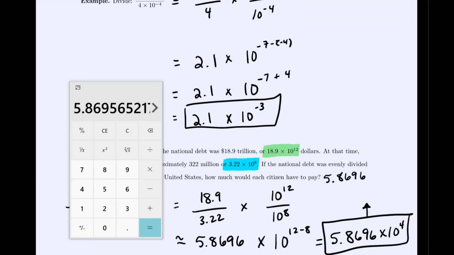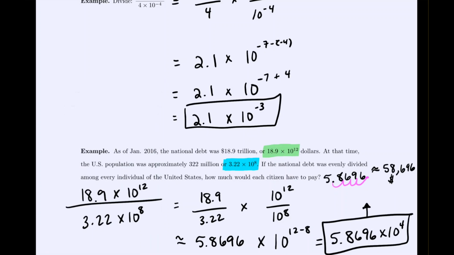But we're moving 4 decimal places to the right, so 1, 2, 3, 4. So that would be the national debt per individual, if we spread it around based on this previous population, would be about $58,696 per individual to account for that.